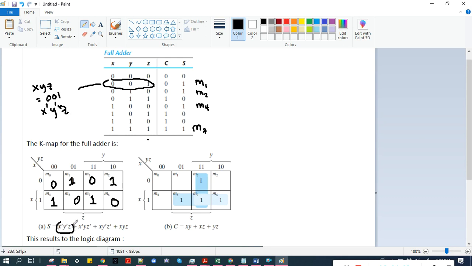Then for min term 2, that's x, y, z equals 0, 1, 0. That corresponds to x prime, y, z prime, and so on.